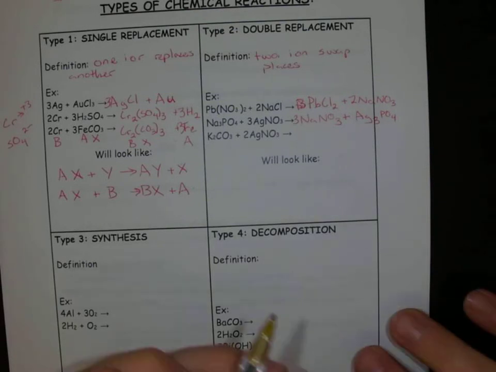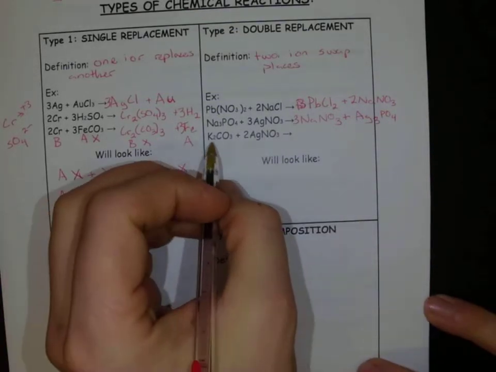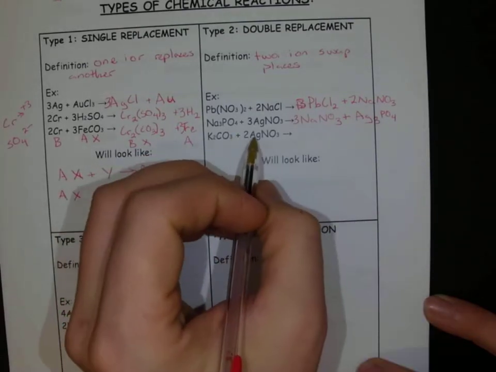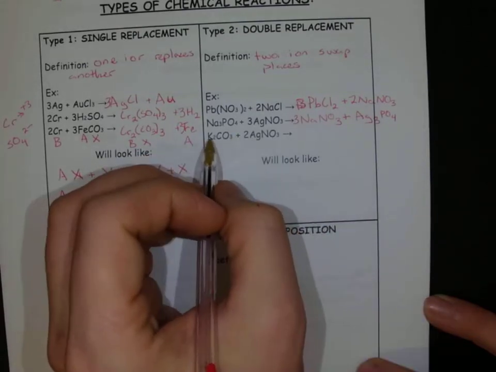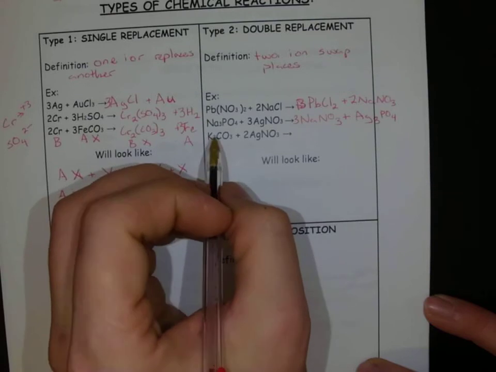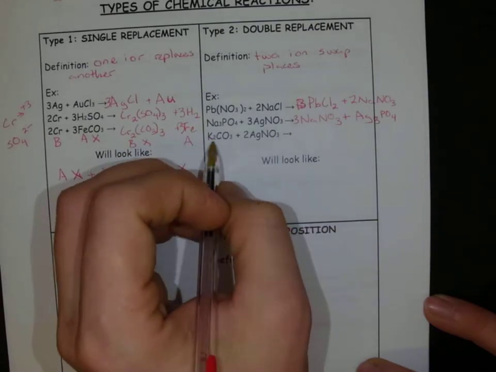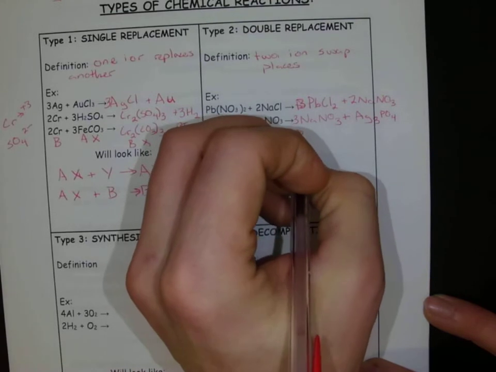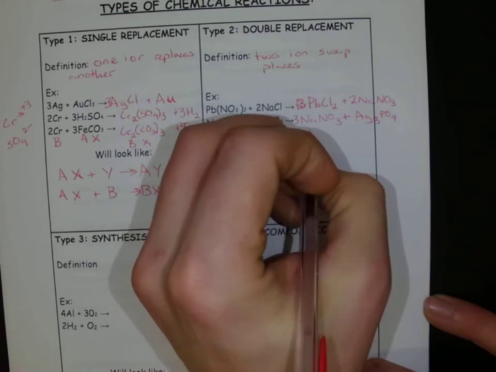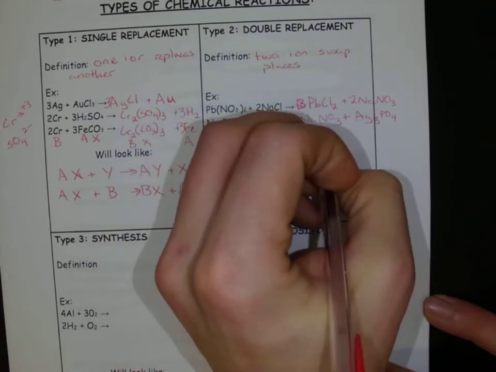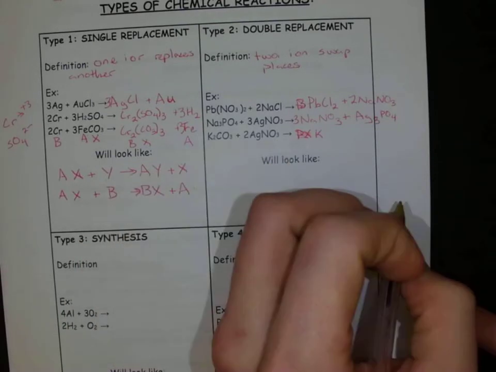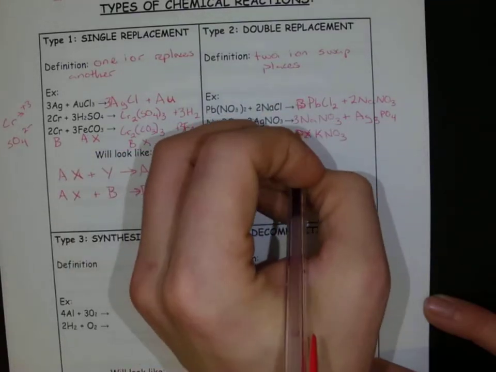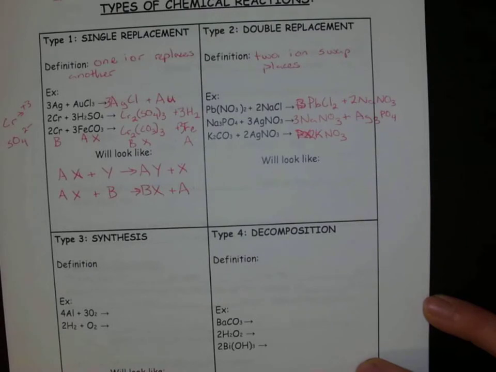All right? Let's look at this next one here. K2CO3 plus 2AgNO3. Ag is positive and K is positive. K plus, Ag plus. So let's do a swap, right? Let's put potassium, oh my gosh, I can't even write. We're going to have potassium combined with nitrate, so KNO3, and I'm going to end up with 2 of them, so I'll have a 2 there.